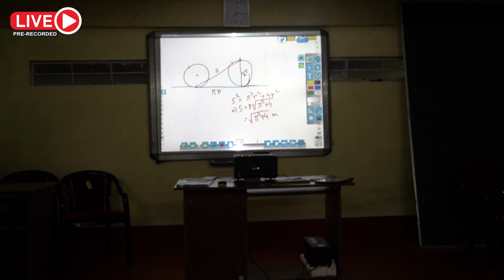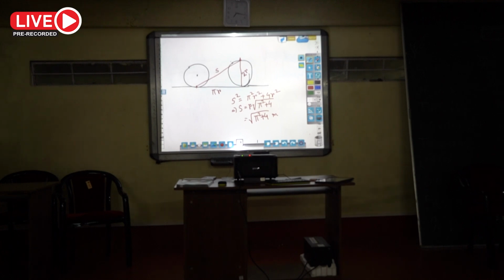For this part, first calculate the average velocity over equal time. Equal time means you can simply add and divide by 2. When distances traveled are equal, the average speed is 2 v1 v2 by v1 plus v2. But when time intervals are equal, average speed is v1 plus v2 by 2.